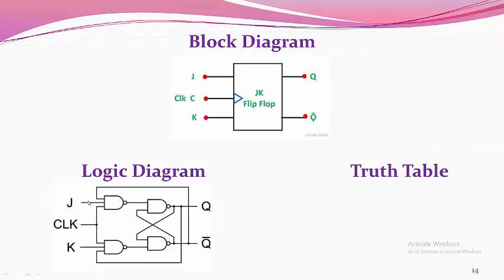The input of the first NAND gate is J, the input of the second NAND gate is K. Here we have connected the first and second NAND gates together for applying the clock signal. At this side, the third NAND gate output is Q and the fourth NAND gate output is Q bar. These two are in complementary form.